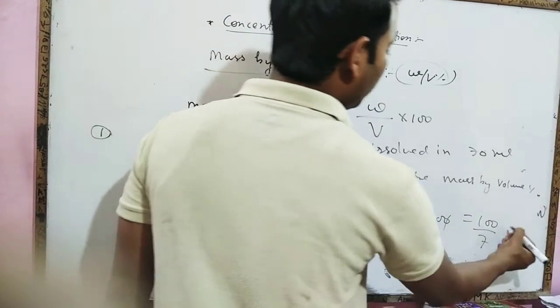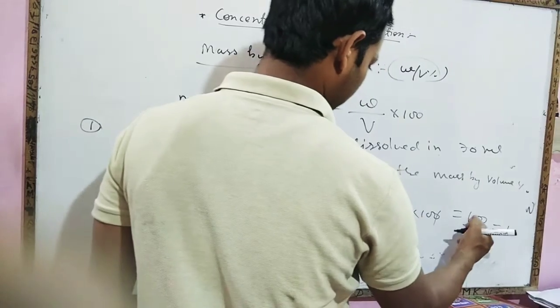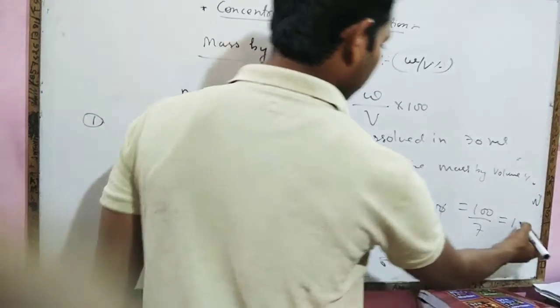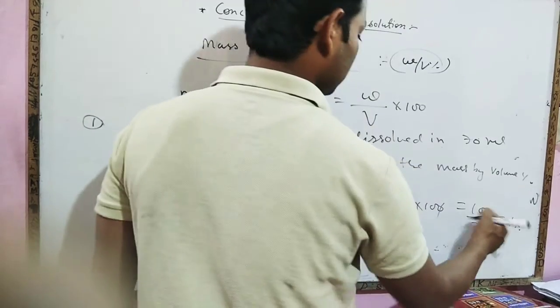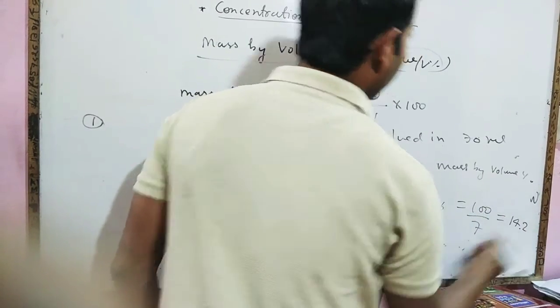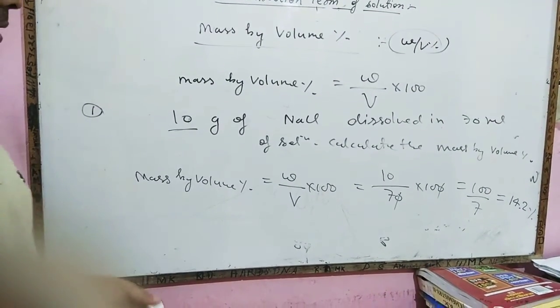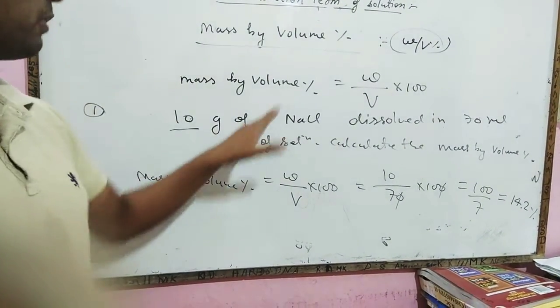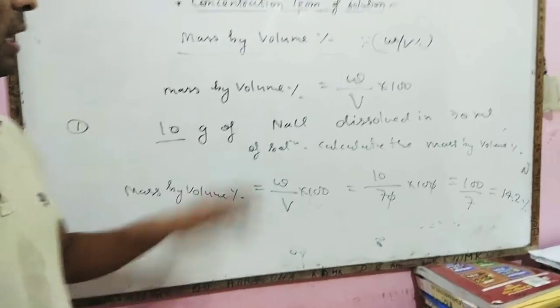After dividing, we get nearly 14.2%, approximately, as the mass by volume percentage of such a solution. Clear, students?